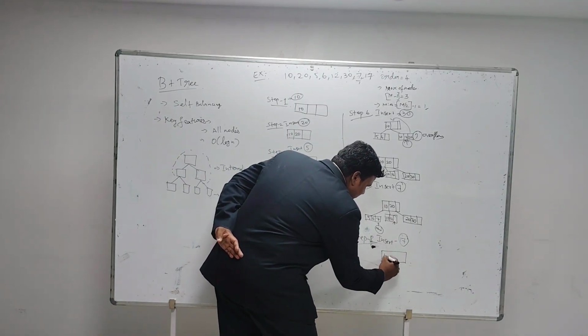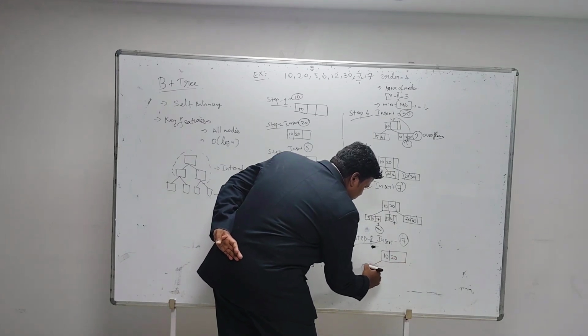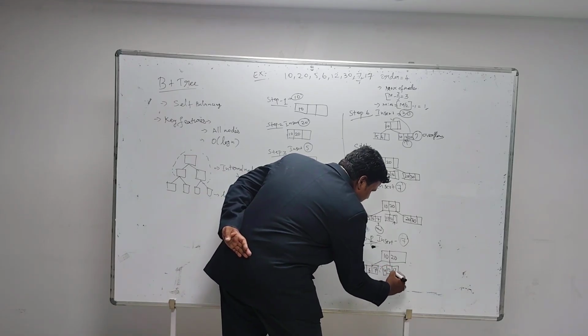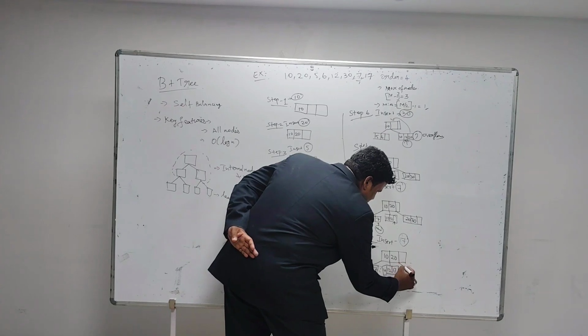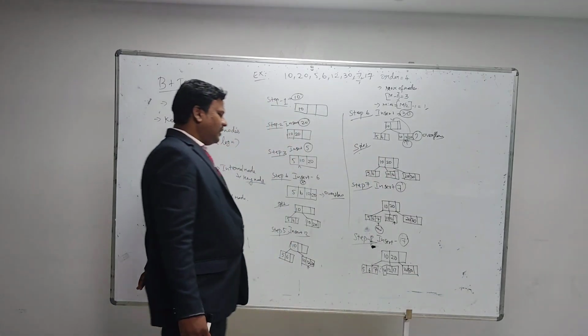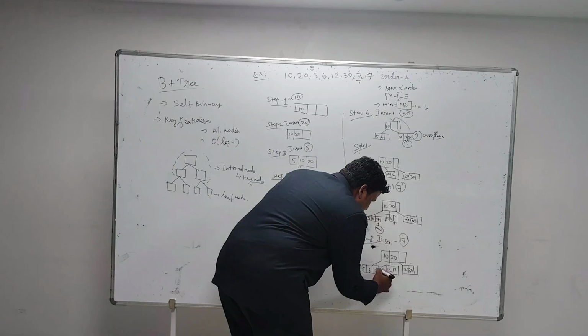The B plus tree will have 10, 20, then 6, 7, then 10, 12, 17, and later 20, 30. So we have inserted all the nodes in the final step.